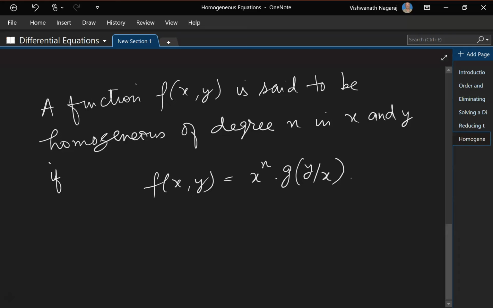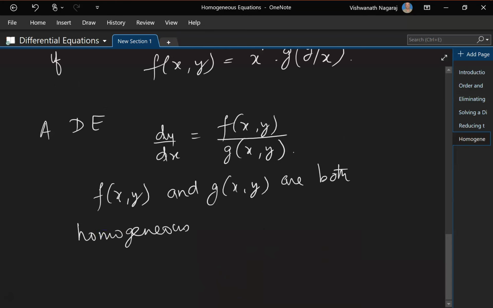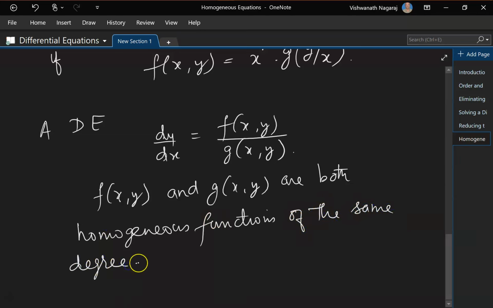So let's say we have a differential equation dy by dx is equal to f of x comma y by g of x comma y. Now here f of x comma y and g of x comma y are both homogeneous functions of the same degree in x and y.